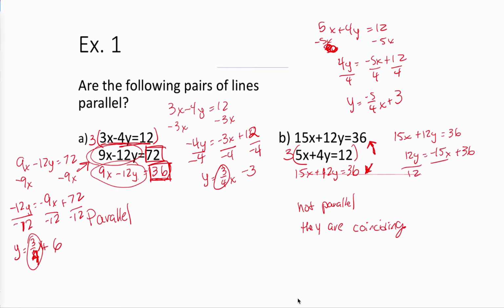Divide by 12. Once again, it's going to be negative 5/4 x plus 3. So, same line. Not parallel because they're the same line. They're coinciding.